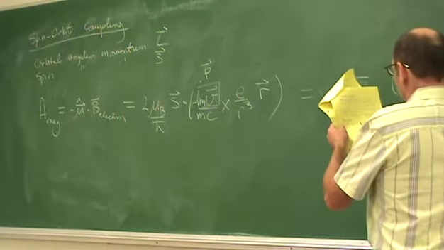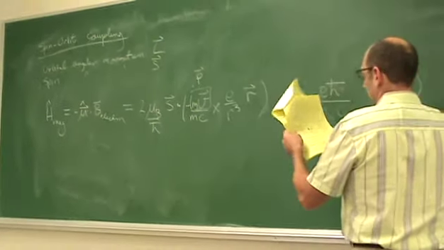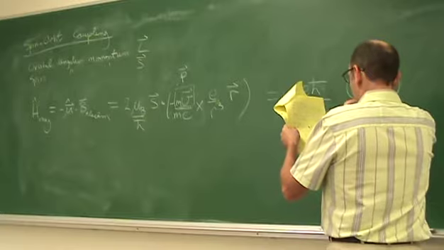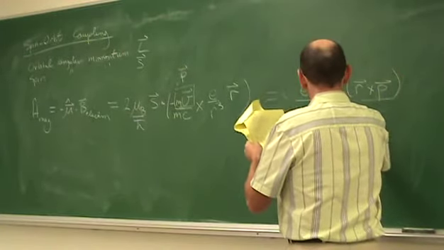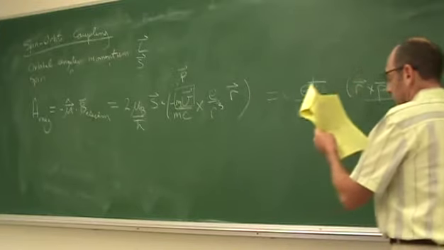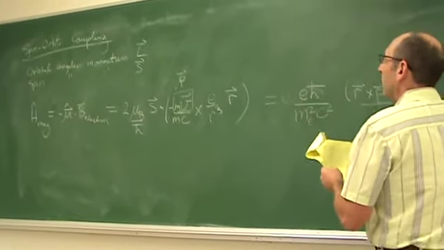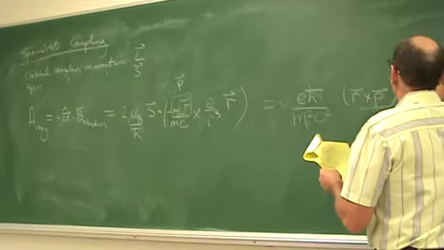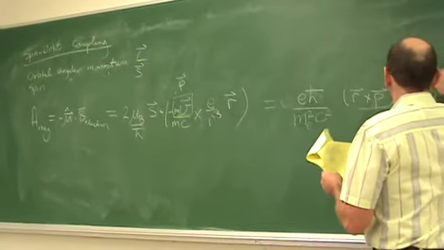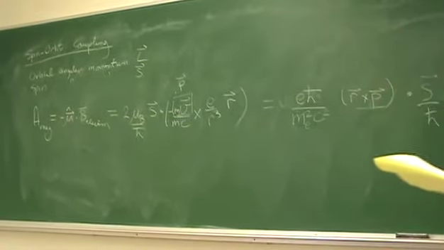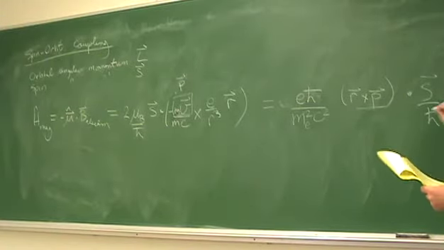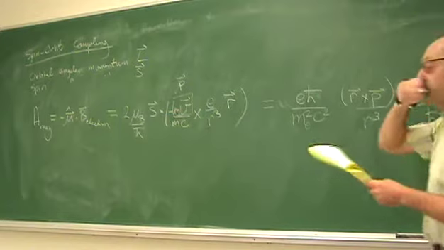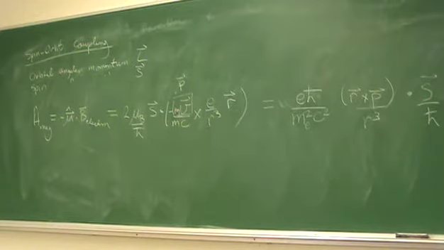We got another, so there's an m squared c squared here. And then we have dotted into S over h bar. And now we have 1 over r cubed. Hopefully I got all the factors in there. I think I did.